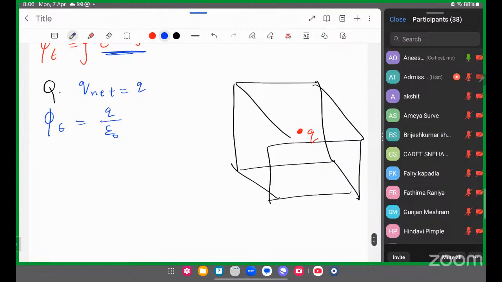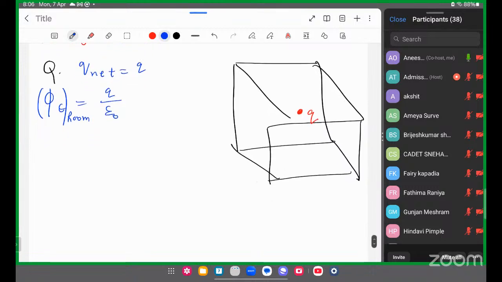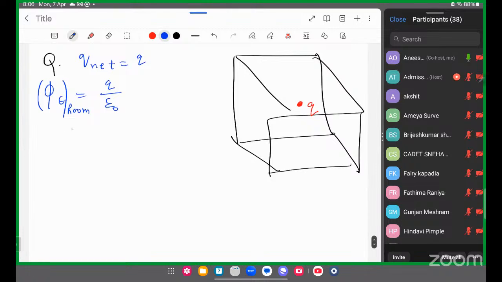But if I am interested in the electric flux which is passing through any one wall or any one surface of the room, how will we find it out? Because the net electric flux passing through the complete room is Q by epsilon naught, it means the 6 walls, or let's say 6 surfaces, give Q by epsilon naught.